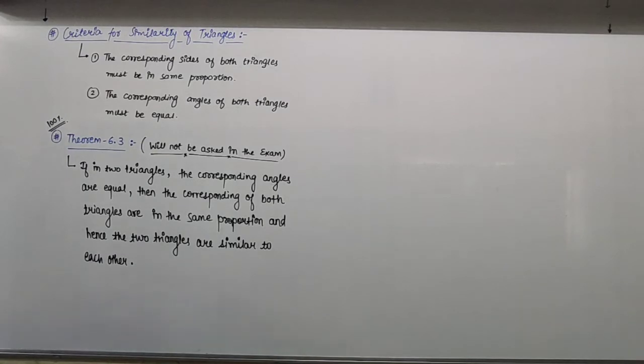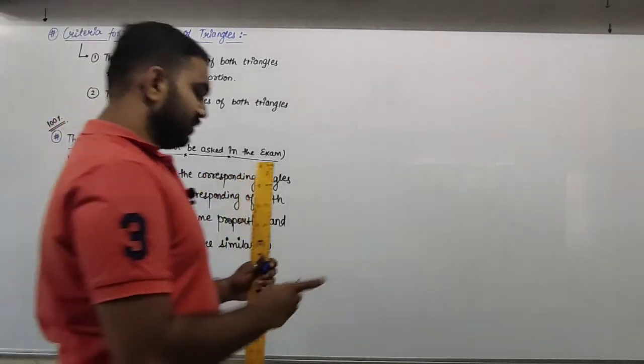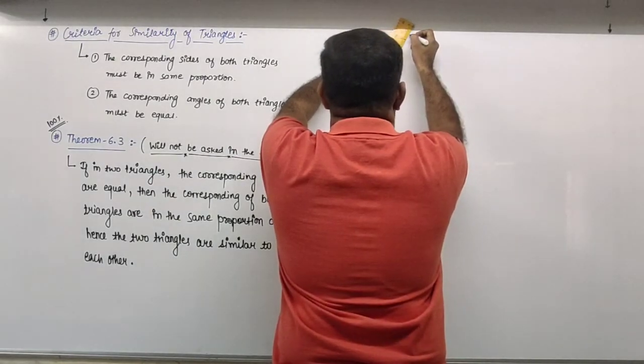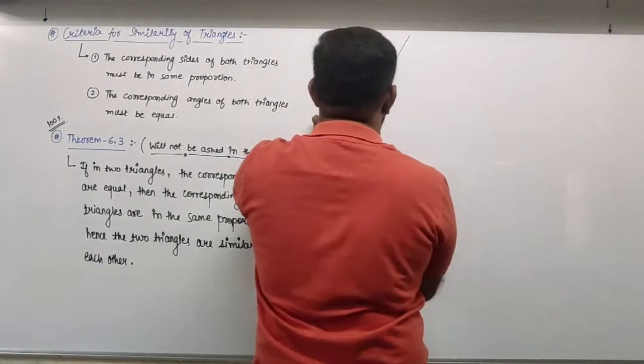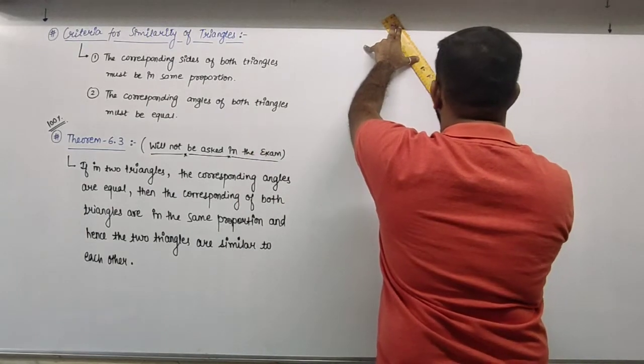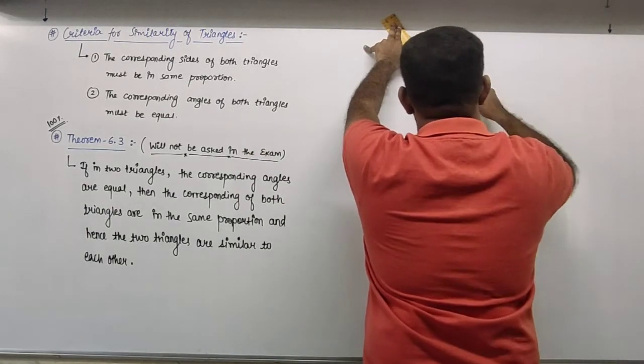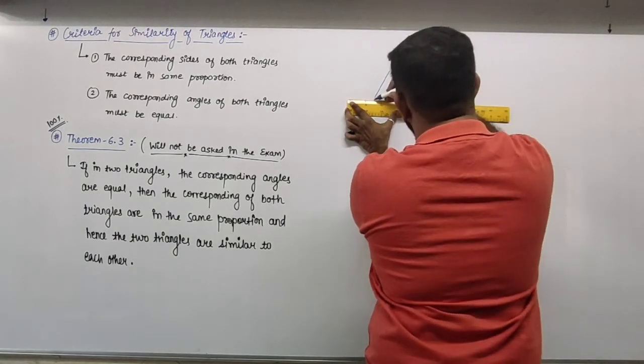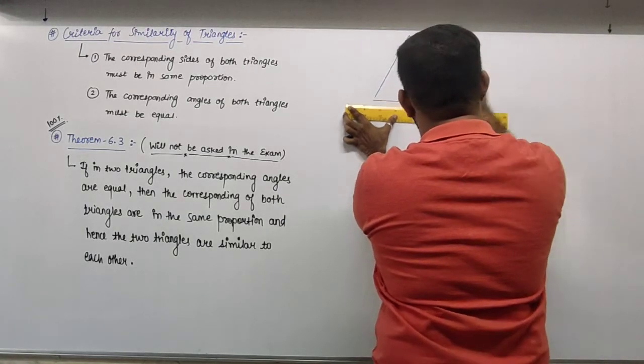For example, just for an example, I am drawing two triangles here. Any regular shaped triangle you can take. It is not compulsory to take a perfect shaped triangle.